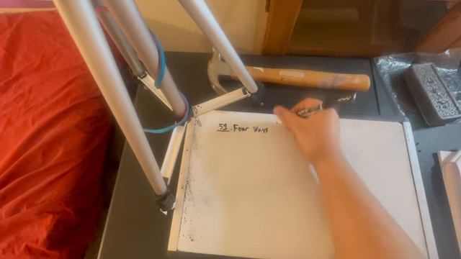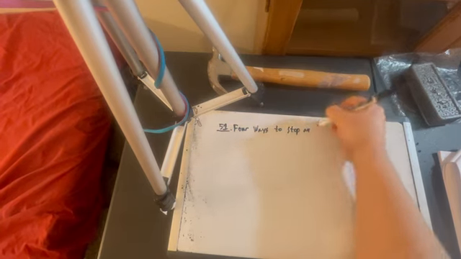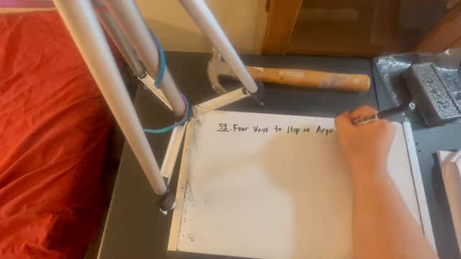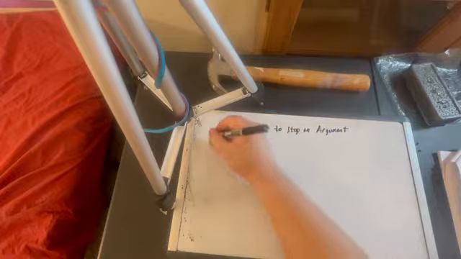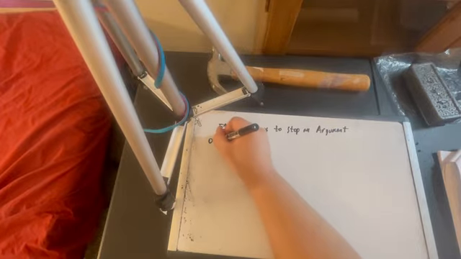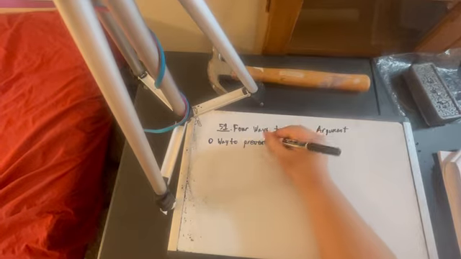Four ways to stop an argument. Aristotle lists 4 ways to prevent an argument from reaching its conclusion.